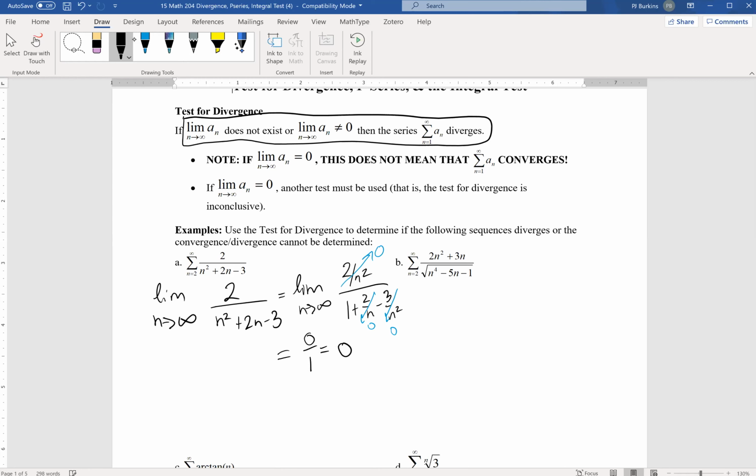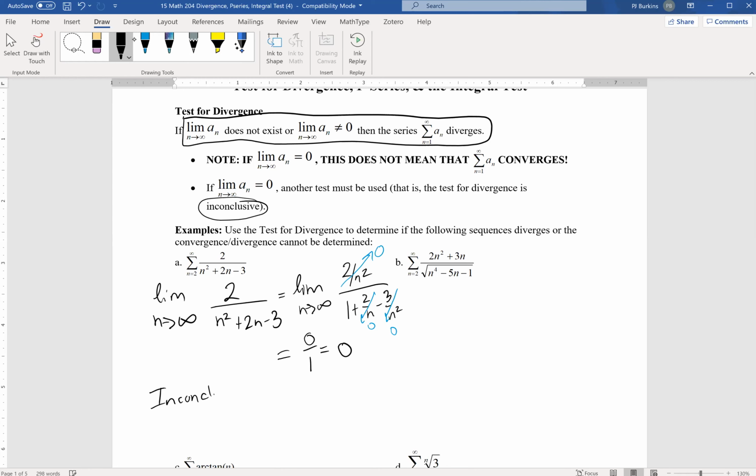0/1 or 0. Well, if I go back up and look at the bold up here, it says if the limit gives me 0, then that does not mean it converges. Rather, it means inconclusive. So guess what?